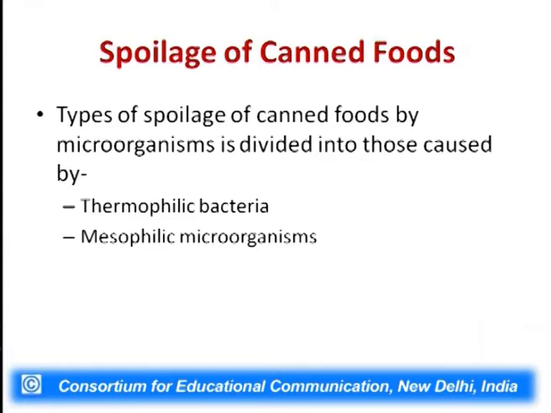Now, coming to spoilage of canned foods. The spoilage of canned foods can be carried out by microorganisms which may be thermophilic or mesophilic. Thermophilic microorganisms are those which grow at higher temperatures, and mesophilic microorganisms are those which grow at comparatively low temperatures, around 37 degrees centigrade.